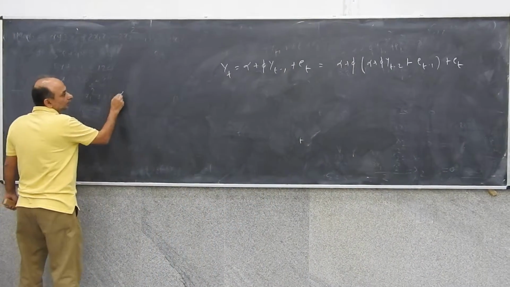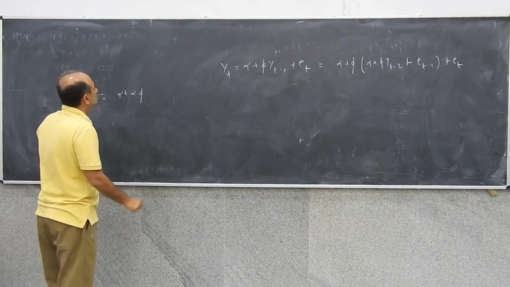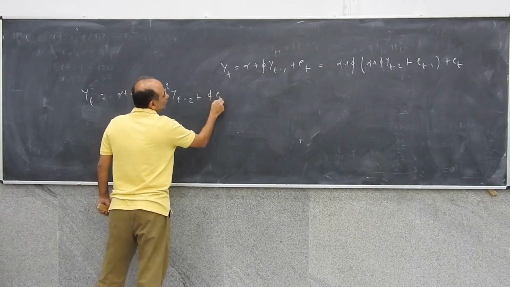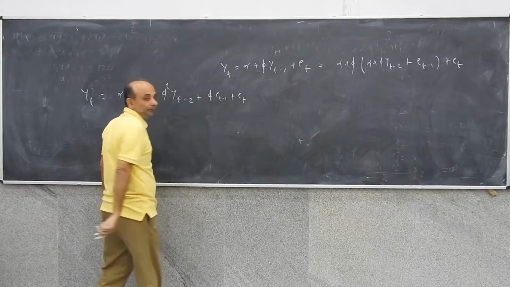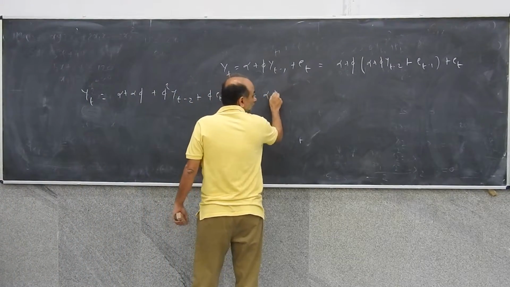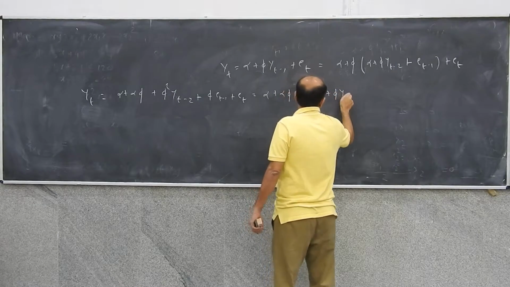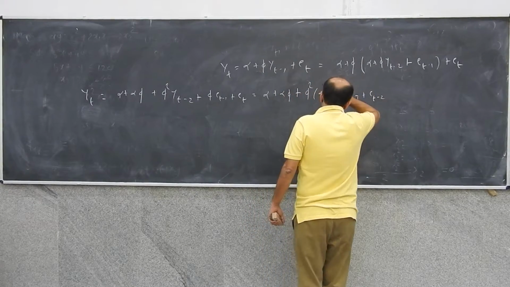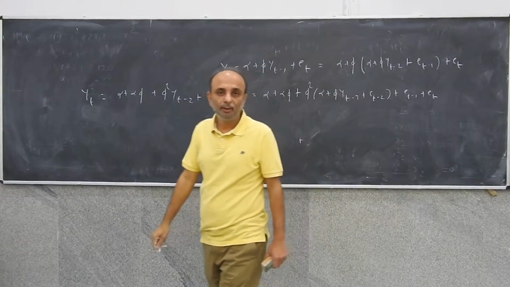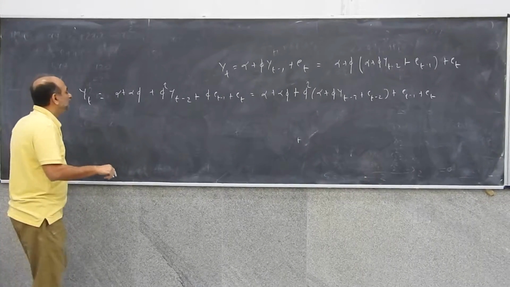This becomes, so I have y_t is equal to alpha plus alpha phi plus phi square y_{t-2} plus e_t plus phi e_{t-1}. Sure? And I can keep on doing this till it becomes infinite. But obviously I'm not going to do it.